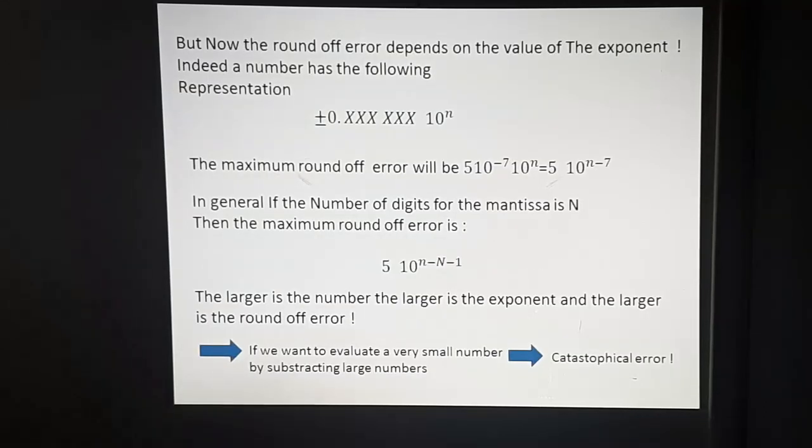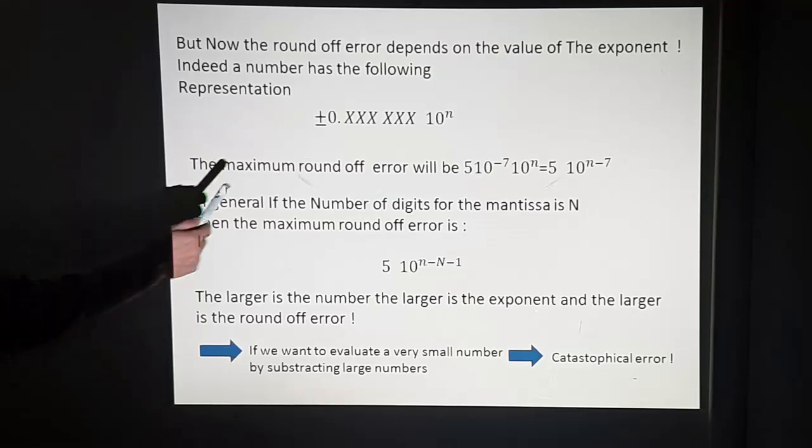But now, let's see what happens to the round-off error. In this case, if we use the floating number representation, the round-off error will depend on the value of x.